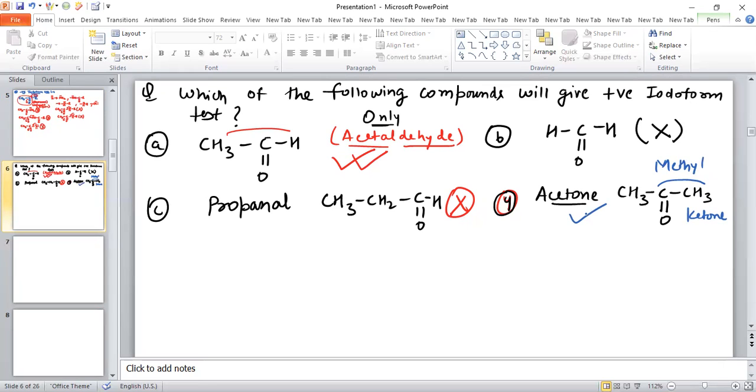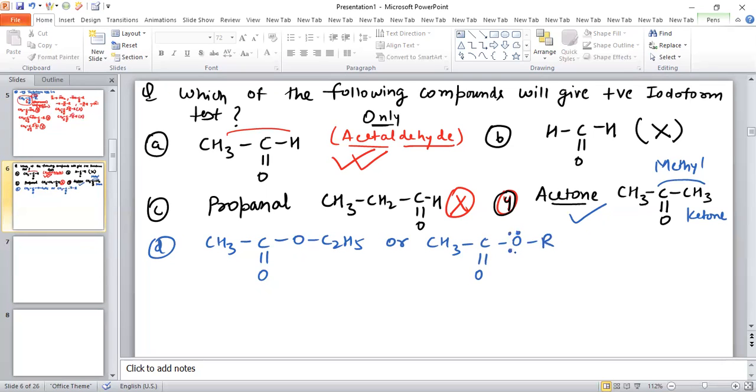Now see the next one. The next one is CH3 C double bond O and C2H5. Now you can compare this compound with CH3 C double bond O and OR.